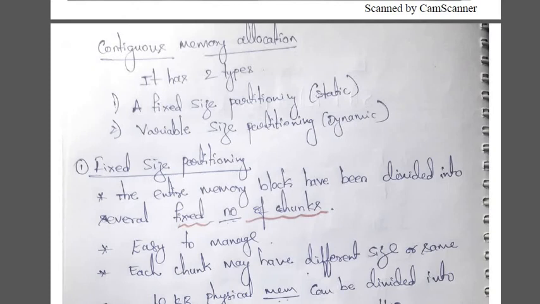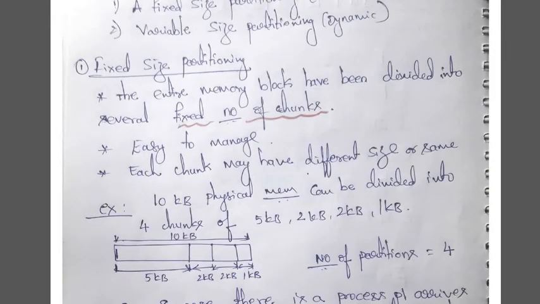Here it is easier to manage because we have a limited number of chunks. As and when a process arrives, it is easier to check which chunk is large enough to hold this process, and you can just push the process over there. Each chunk may have a different size.